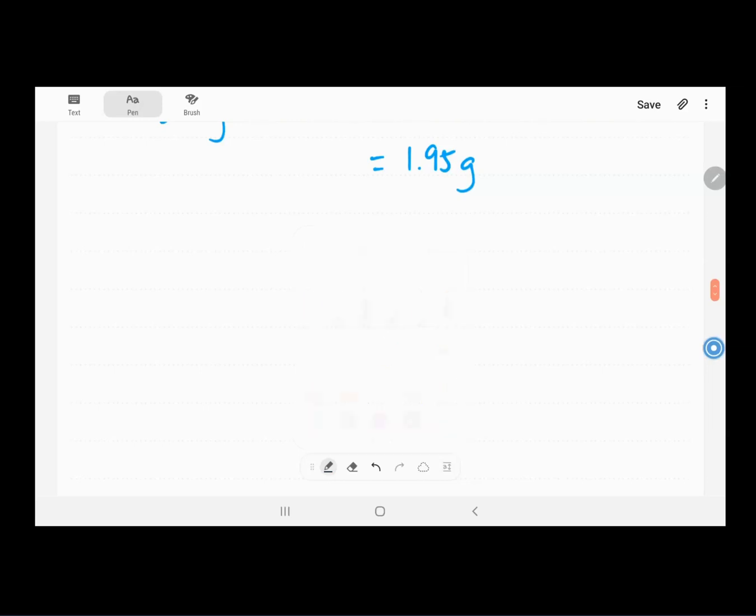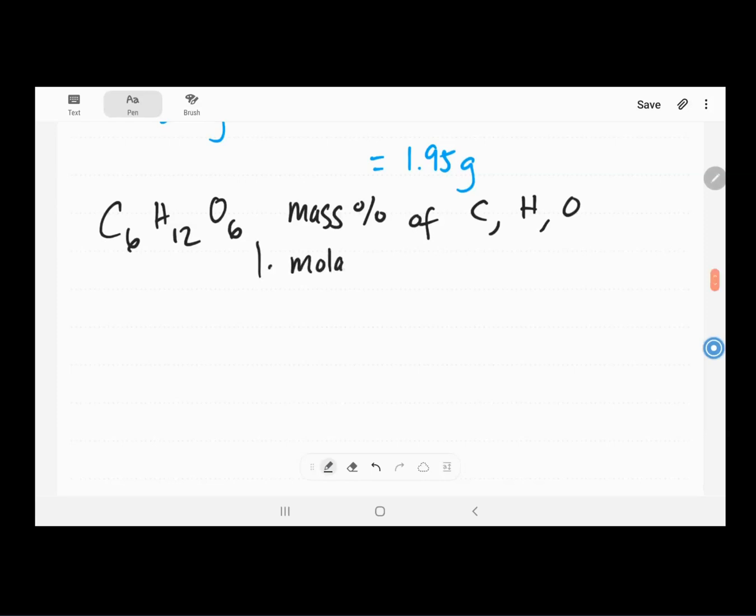Cool. So let's do it again. Let's take glucose and find the mass percent of all three elements within this compound. First thing we're going to want to do is molar mass.